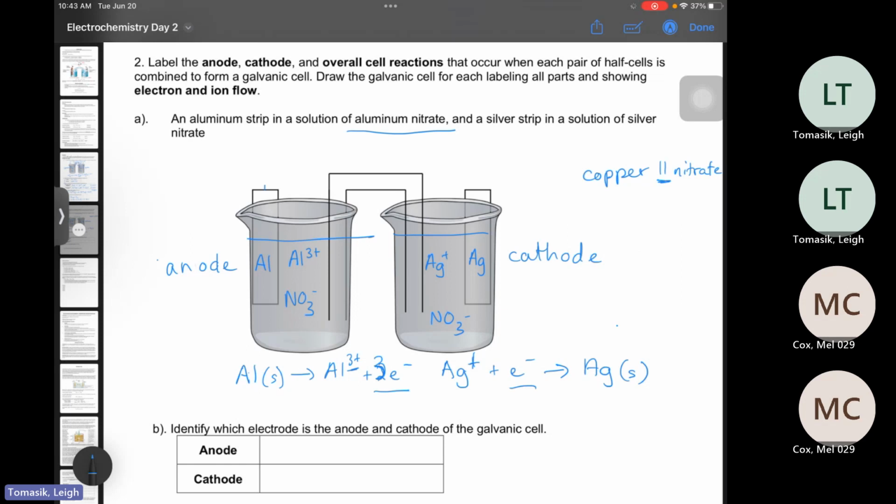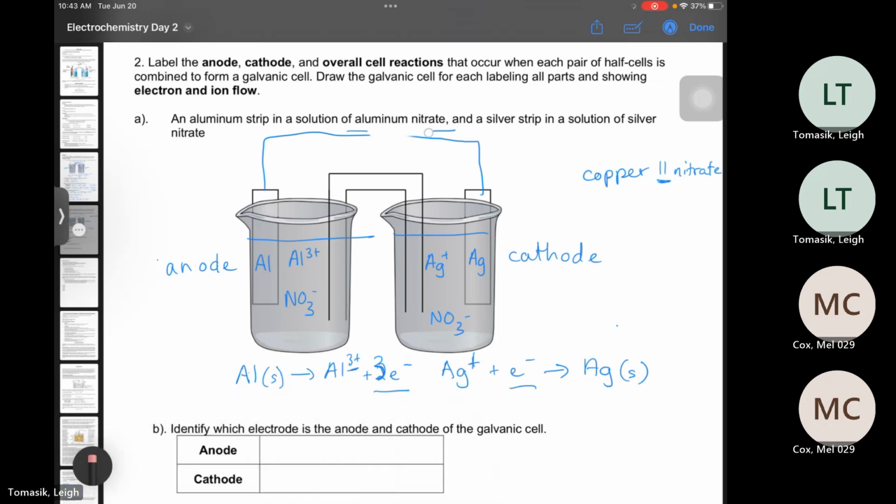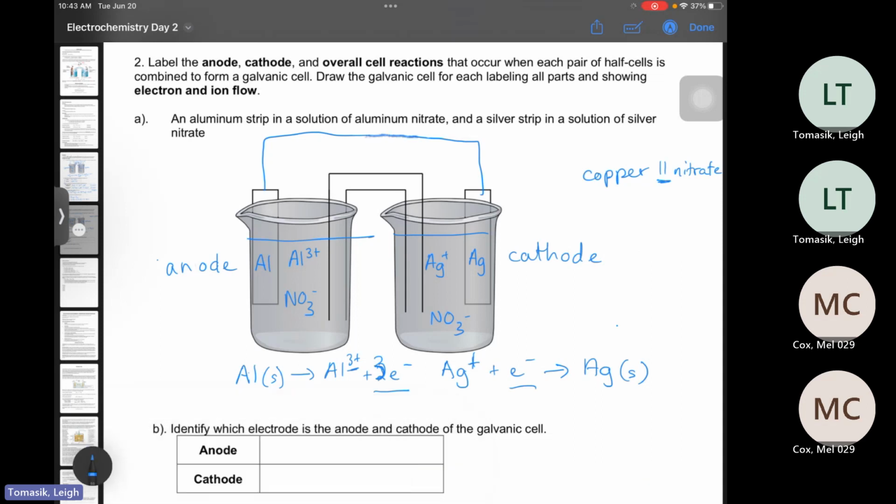So we know that a wire is going to connect the electrodes, and we know to draw the electron flow from the anode towards the cathode. We know at the anode we're going from a solid to an ion, so your arrow should point to the ion, and it's going to split up into 3 electrons.